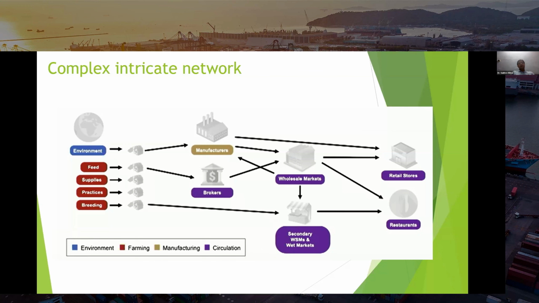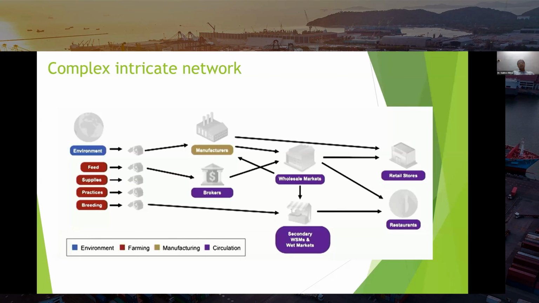The farms are fragmented, and especially in Asia, they're of really small size. From the farm, the product can go to a manufacturing location, but that instance is very low.